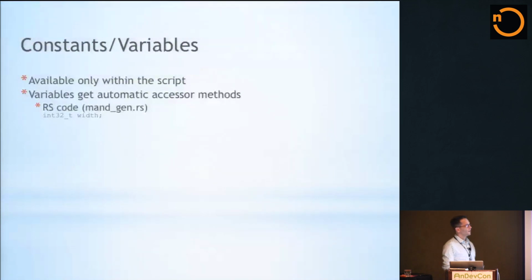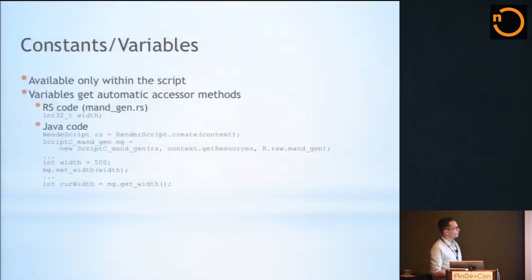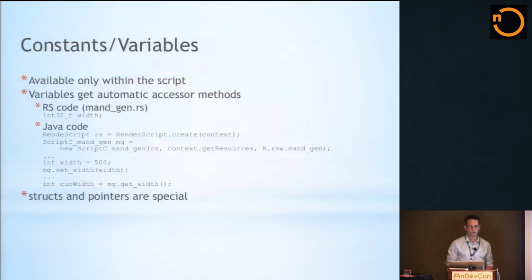For example, if I define a 32-bit integer called width in my RenderScript code, I'm automatically going to get Java code, which this is my reflection class here, and we'll go into some of this in a little more detail in a minute. But you can see that I can set the width on it, and I can also get it back out of the RenderScript. So my variables that I've defined in RenderScript automatically get these accessor methods as part of your build process.